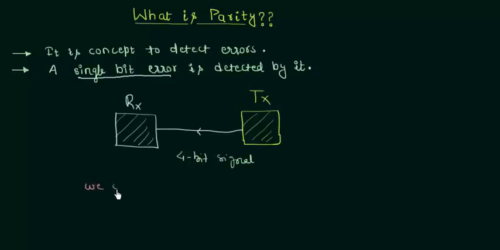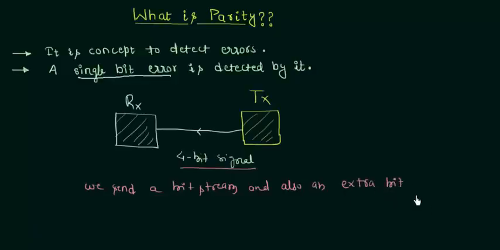So we send a bit stream, which is this 4-bit signal, and also an extra bit, and this extra bit tells us the total number of ones in the transmitted signal.